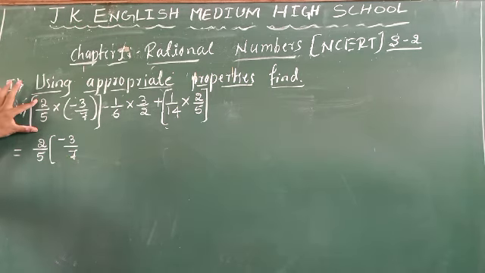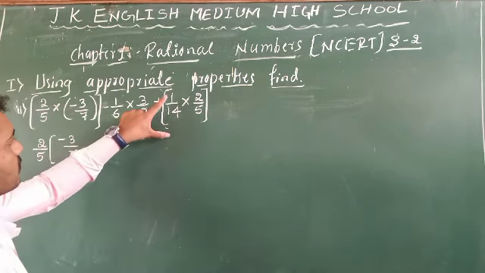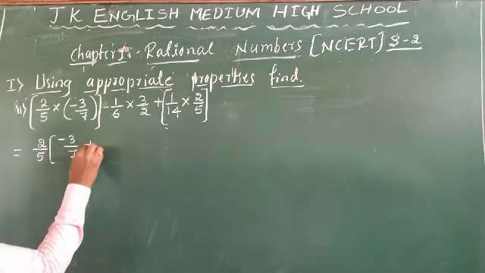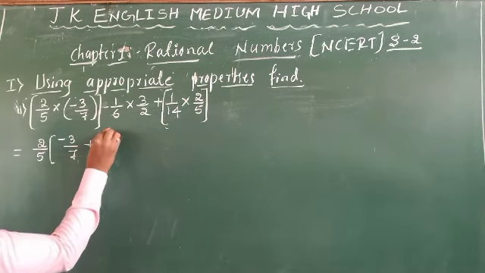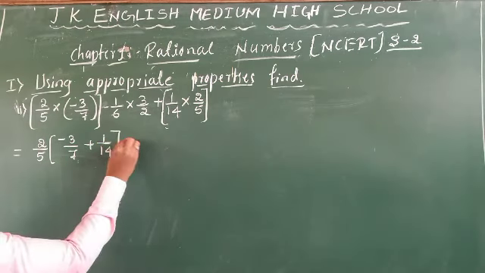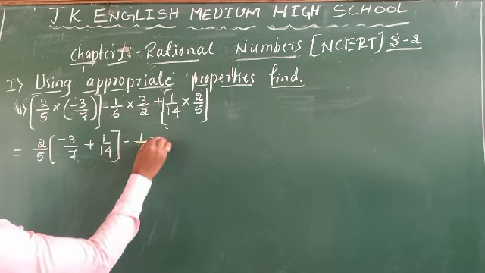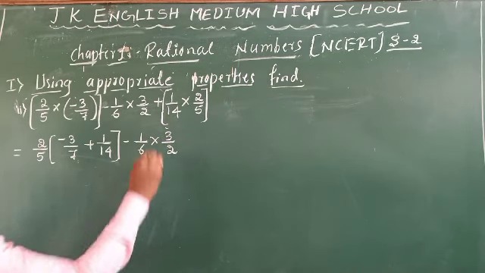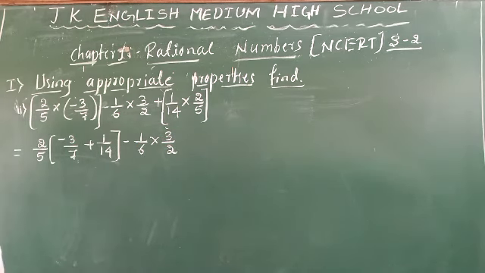Minus 3 by 7 plus 1 by 14, and remaining is what? Minus 1 upon 6 into 3 by 2.